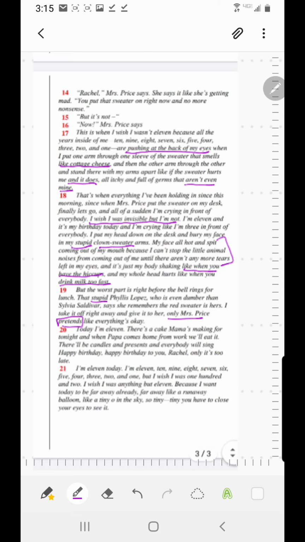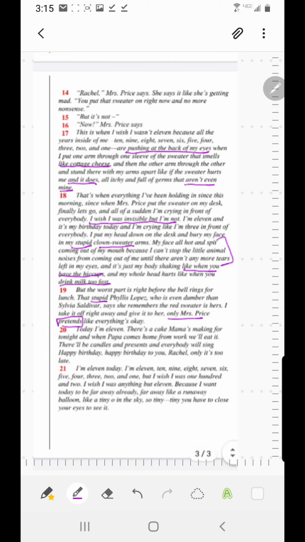But even with all that, an 11-year-old isn't sitting there analyzing the positive and the negative, right? She only sees the negative, that Phyllis is dumb and even dumber than Sylvia. And then she even says that Miss Price, again, this is characterizing Miss Price as somebody who doesn't even care because she's pretending like everything's okay.